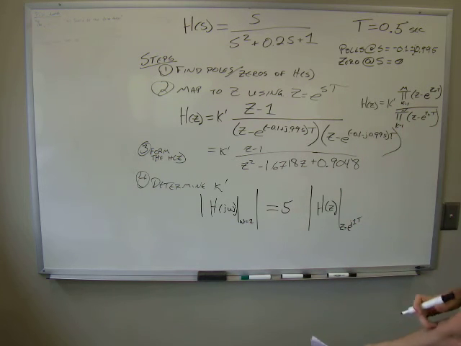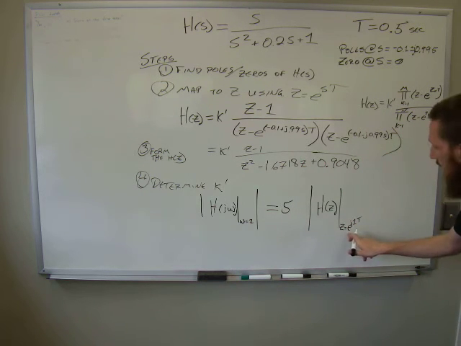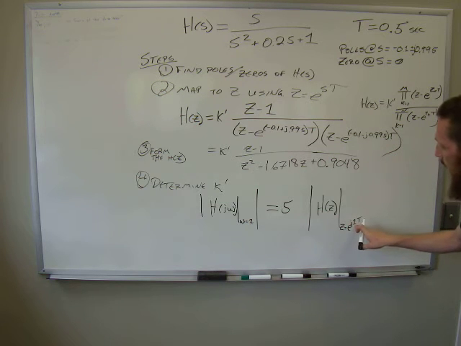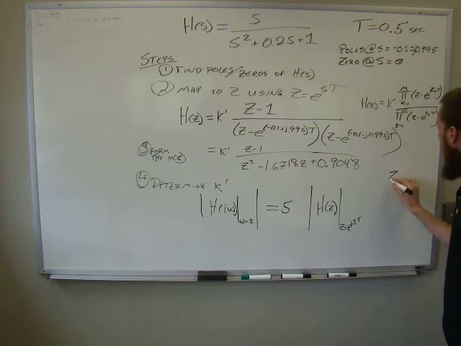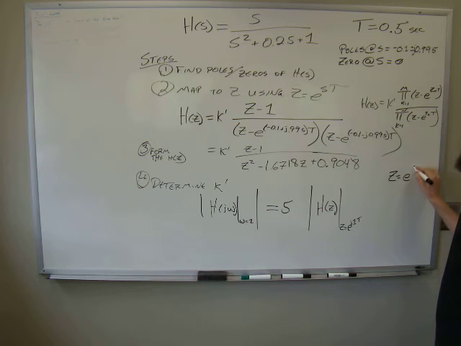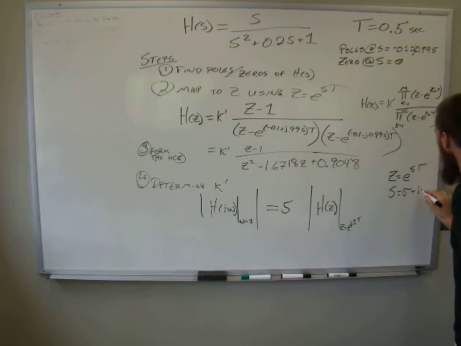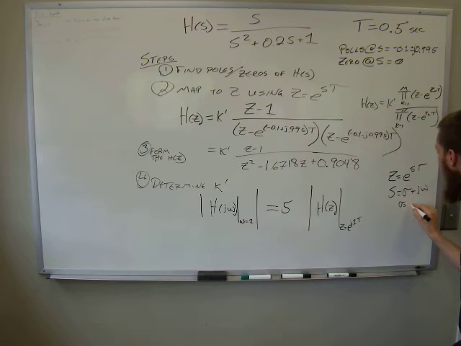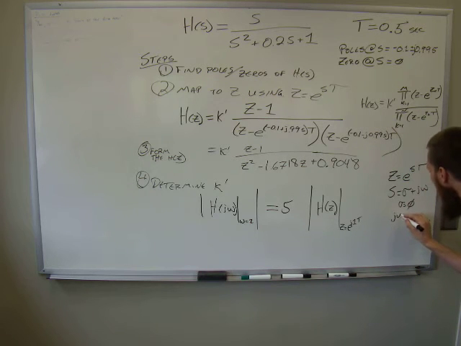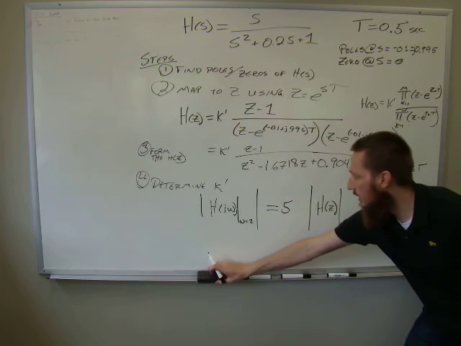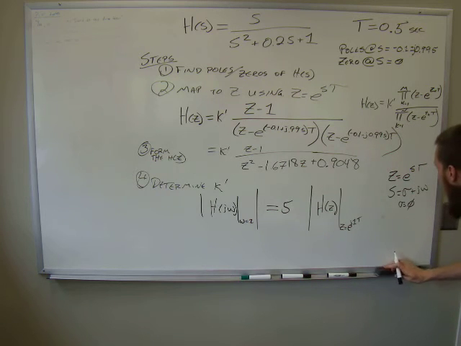So this is z is equal to e to the j1T, because we have z is equal to e to the sT, s is equal to sigma plus j omega. But for this particular instance, we're saying that sigma is equal to 0, which means we're only looking at frequencies along the j omega axis, and omega is equal to 1.